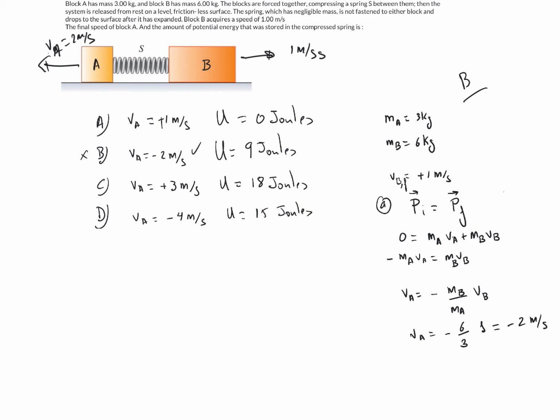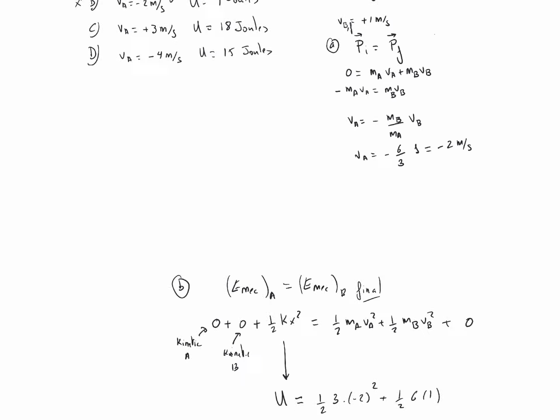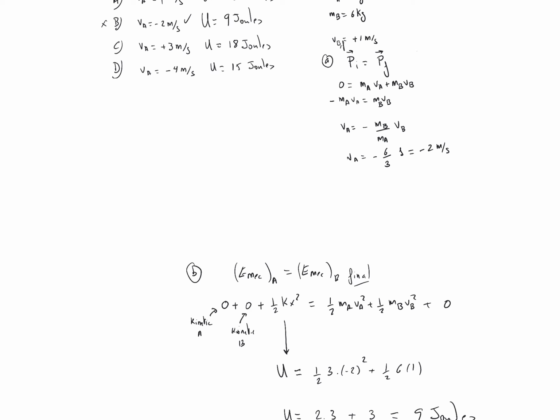Now let's find the compression. To find the compression, we say like this. The mechanical energy at the beginning, state A, equals the mechanical energy at the final state, when each object is running. The mechanical energy at the initial state is kinetic energy of A, 0, kinetic energy of B, 0, and the energy that is stored, 1/2 kx squared.